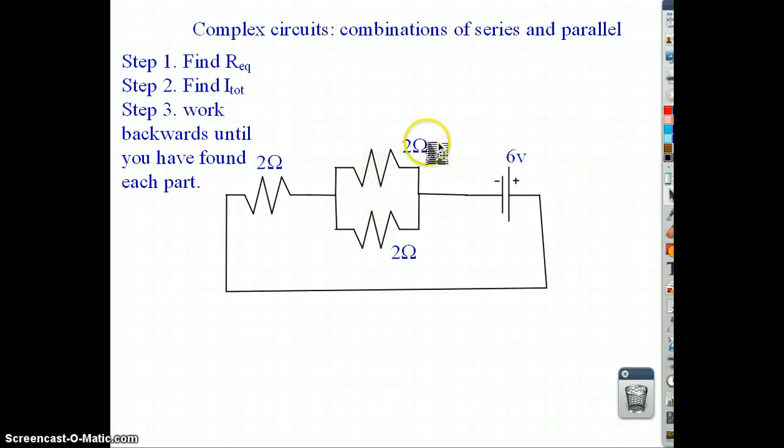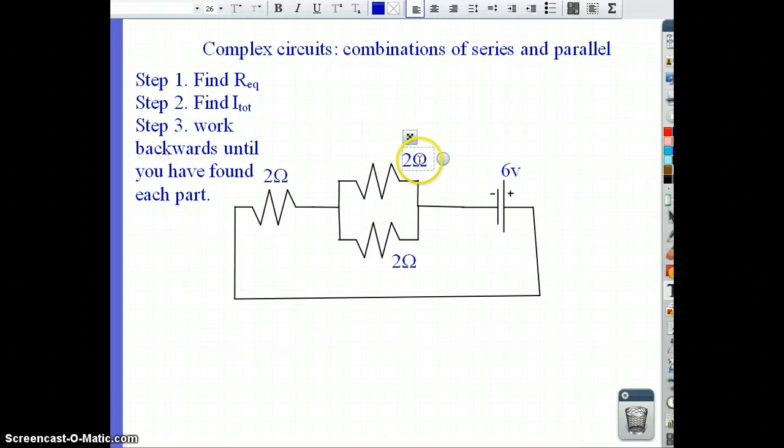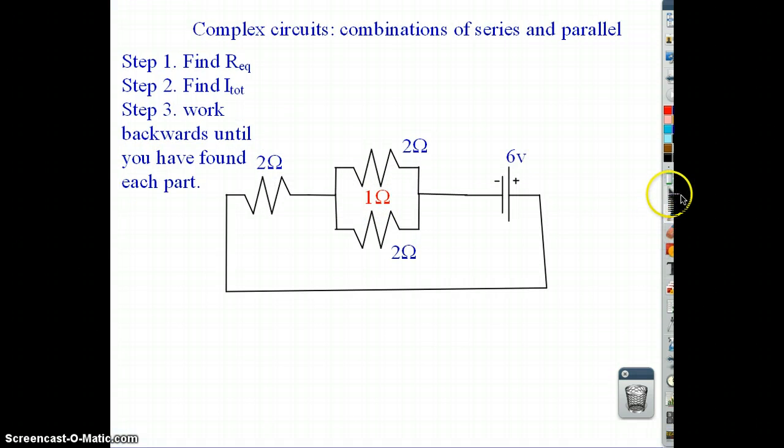So if we add 1 over 2 plus 1 over 2, well, 1/2 plus 1/2 is 1, and then you take the reciprocal of 1, you get a resistance of 1 ohm. Now that's the equivalent resistance of this parallel section, so I'll change it red. So this section has an equivalent resistance of 1 ohm.